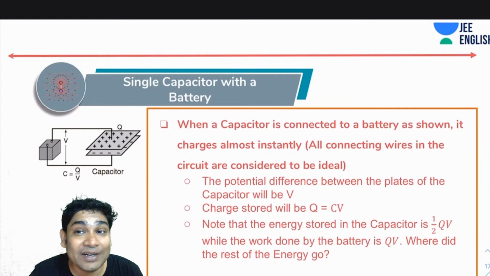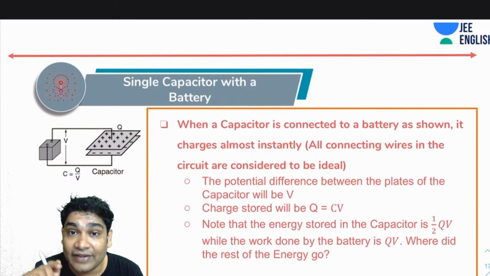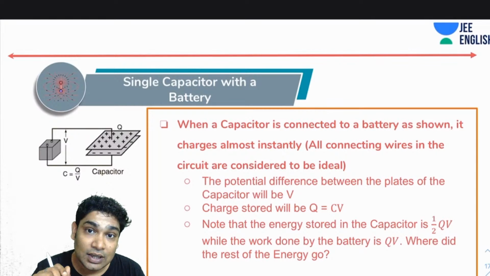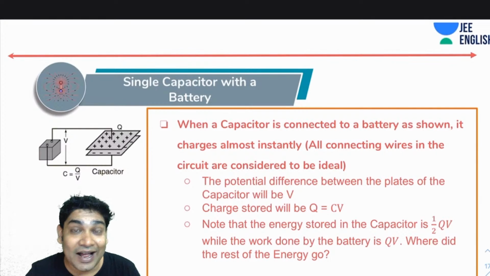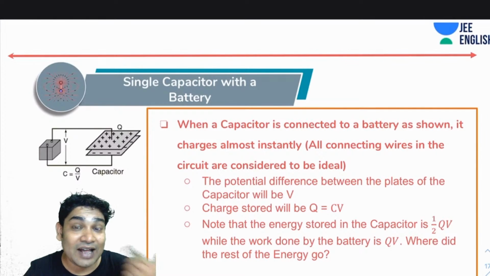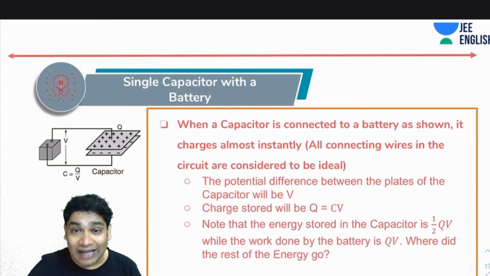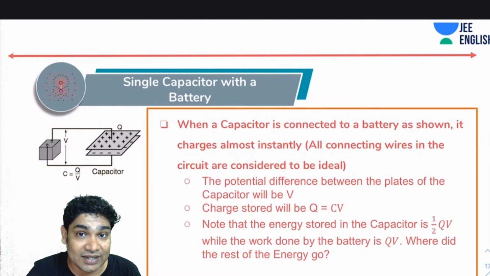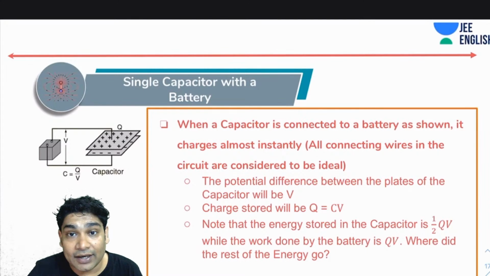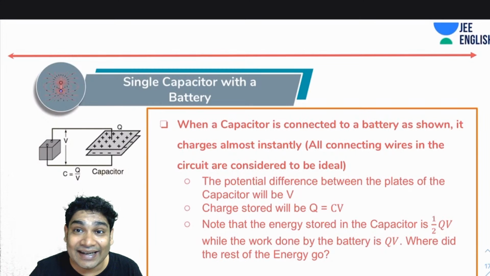When a capacitor is connected to a battery, as shown, it charges almost instantaneously. By the way, that is one of the very important uses of capacitors. Some of you might ask why we are using capacitors to store energy when I already have batteries which store energy. They both have their own advantages and disadvantages. One great advantage with a capacitor is that it can get charged very fast, while your batteries take a long time to charge.